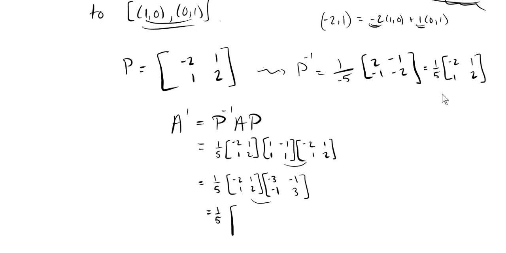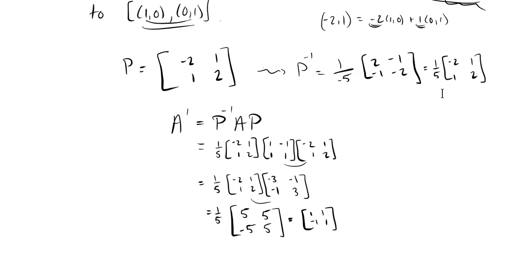These guys, what do we have? 6 minus 1 is negative 7. 2 plus 3 is 5. Negative 3 minus 2 is negative 5. And finally, negative 1 plus 6 is 5. Oh, let me check that first one. Negative 2 times negative 3 is positive 6 minus 1 is positive 5. I like that much better. Multiply the 1/5 through.